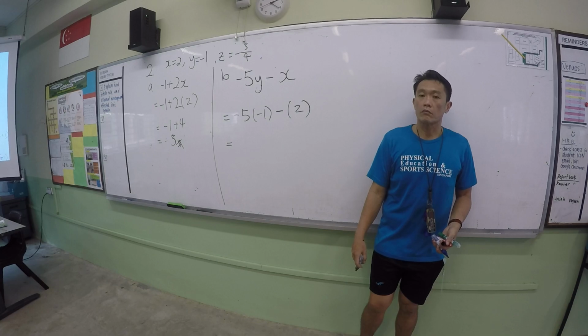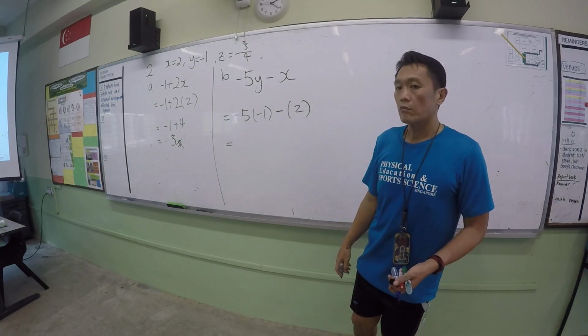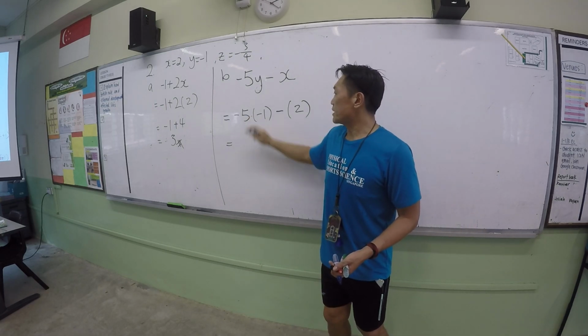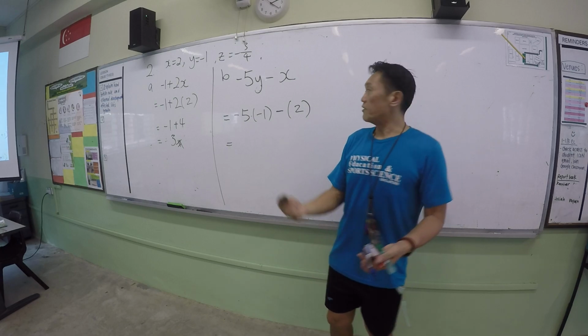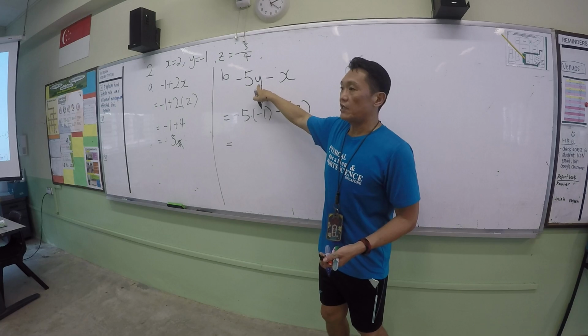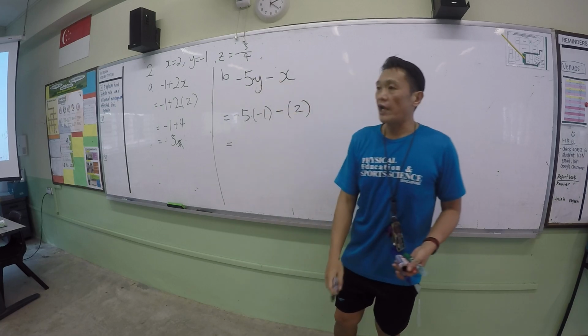Between the -5 and the bracket with the -1, how do we know the between is a multiplication? The between is always a multiplication one. I told you all before. This thing, -5y, is a times. When we don't write anything, it's a times.